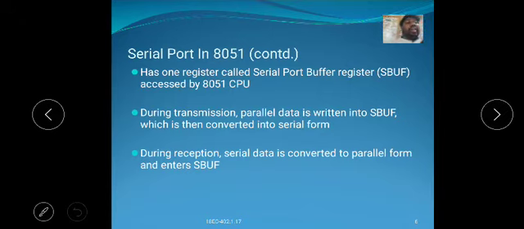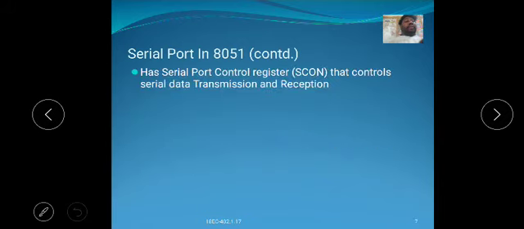During the transmission, the parallel data is written into the serial port buffer register, that is the SBUF, which is then converted into serial form. During the reception, the serial data is converted to parallel form and entered into SBUF.